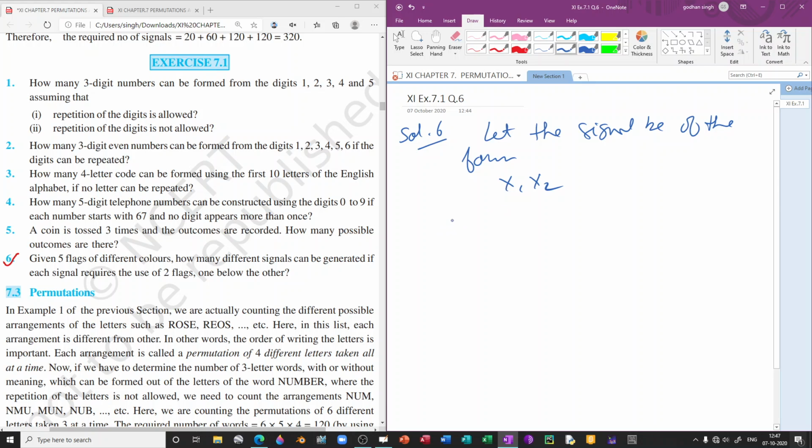So that means x1 can be filled up in how many ways? 5 different ways.